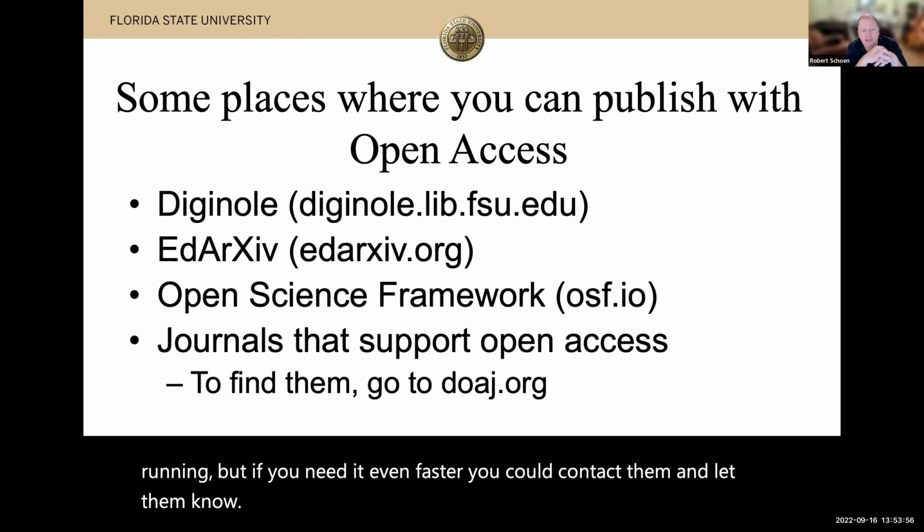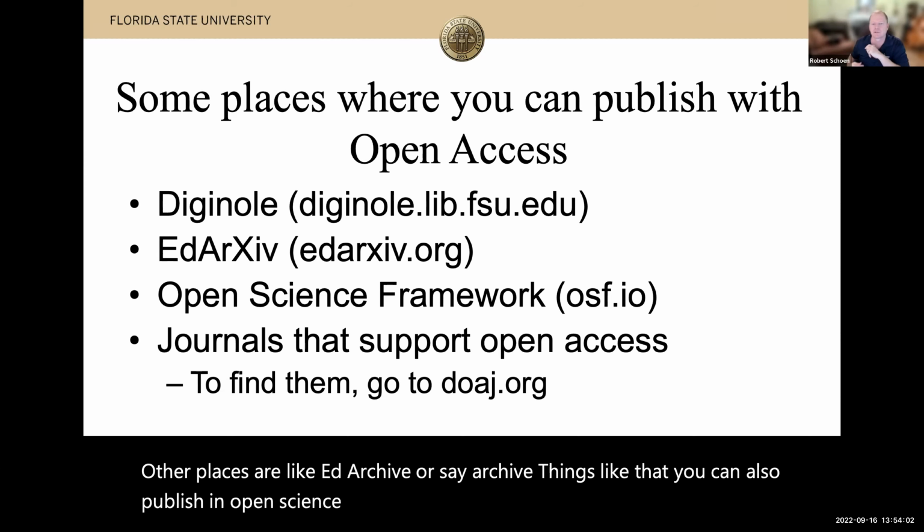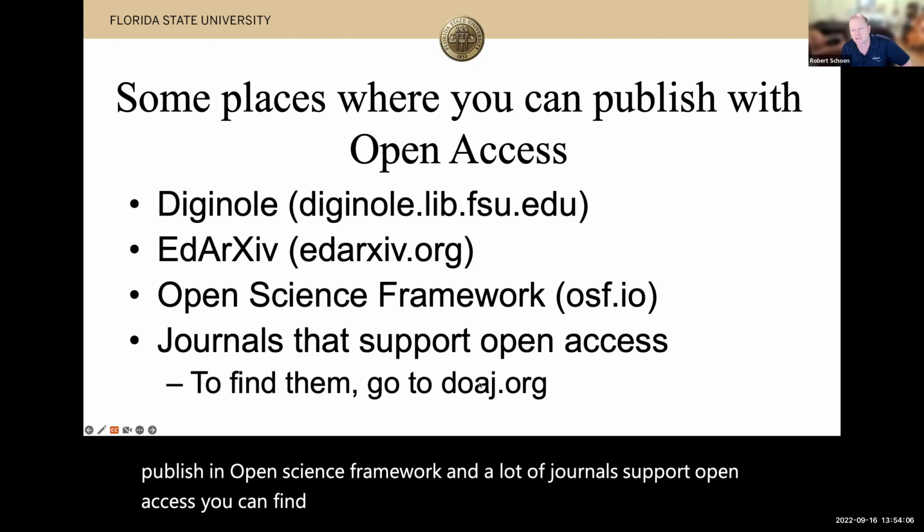Other places are like EdArXiv or SocArXiv, things like that. You can also publish in Open Science Framework. And a lot of journals support open access. You can find them by going to this website, doaj.org, the Directory of Open Access Journals, and search them.